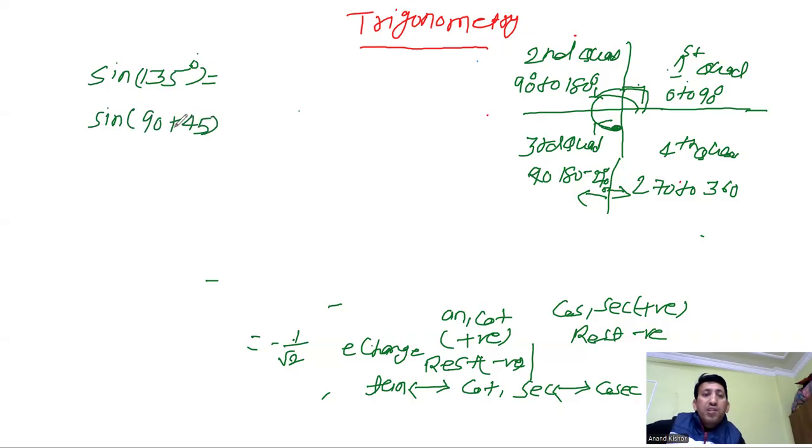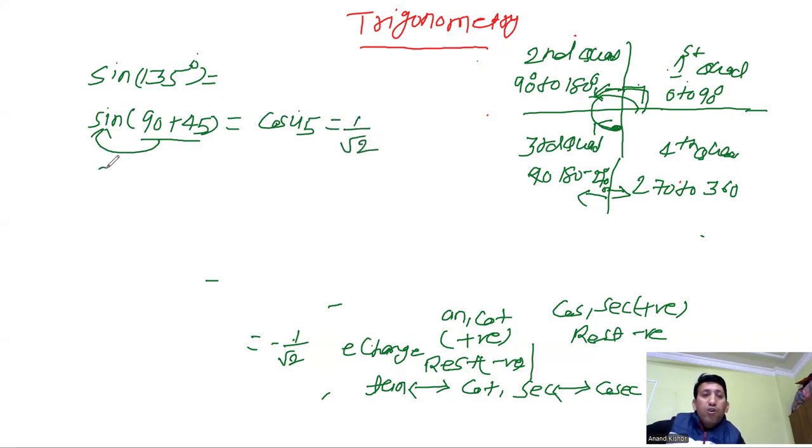Now this is 90 plus something, so whenever 90 or 270 is coming, sine becomes cos. So cos 45. And 90 plus something goes into the second quadrant, where sine and cosec are positive. We will not see cos, we will see sine: in the second quadrant sine is positive, so positive. Cos 45 is 1 by root 2.